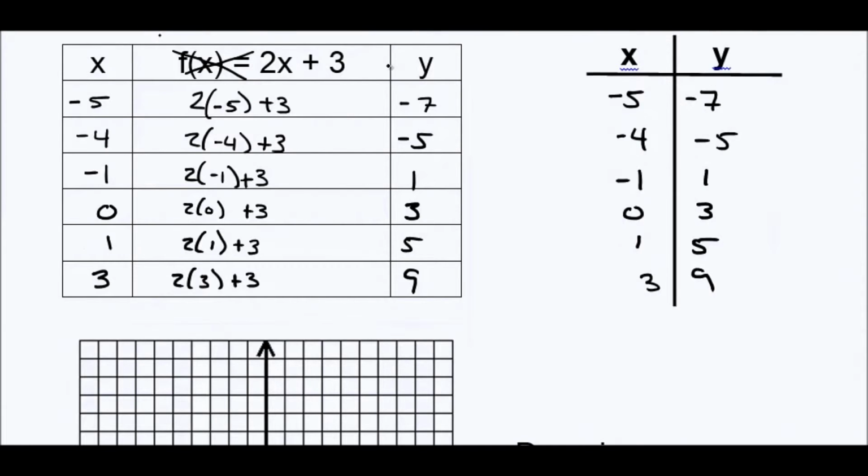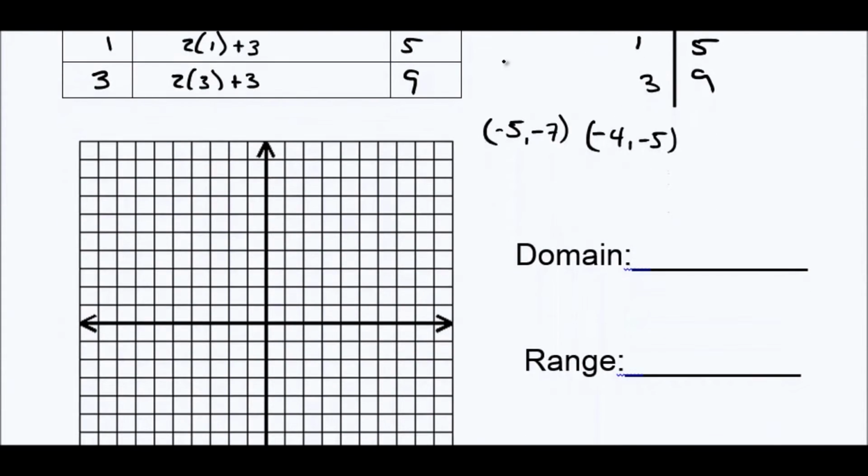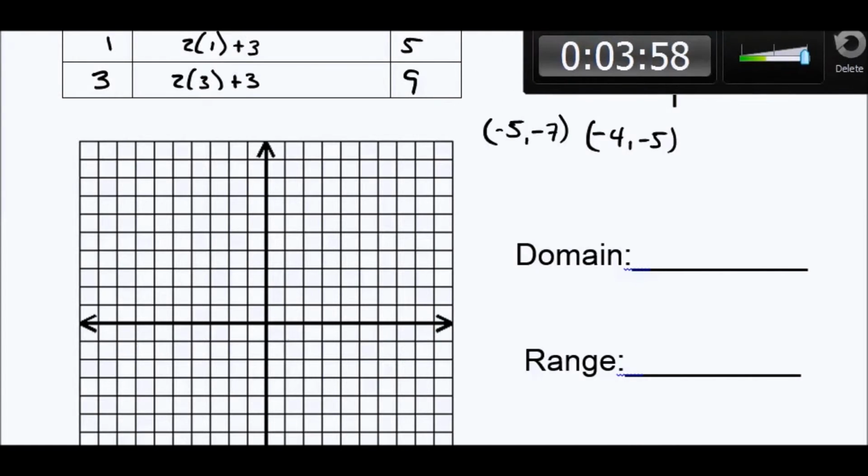Now, what you just did is you put together some coordinates. The first coordinate is -5, -7. Then you could build your next one, -4, -5, and so on and so forth. Now let's plot them. I'm going to increase the thickness of my pen so I can plot.